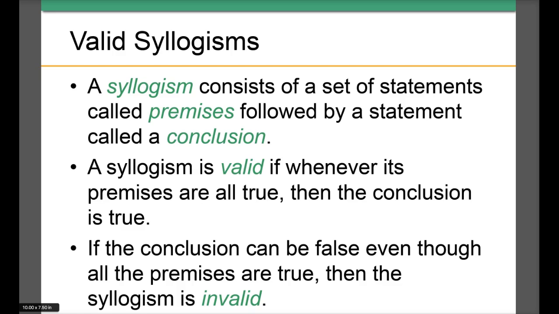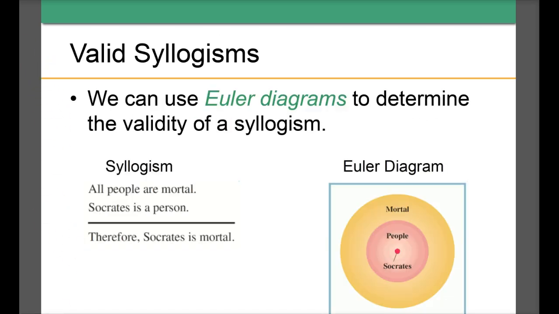So let's look at our first example to get an idea of what this is like. We have our syllogism here, and of course this is our first premise, this is our second premise, and then this is our conclusion here. The way that we set this up is we're going to use our quantifiers to let us know what's going on with the situation.